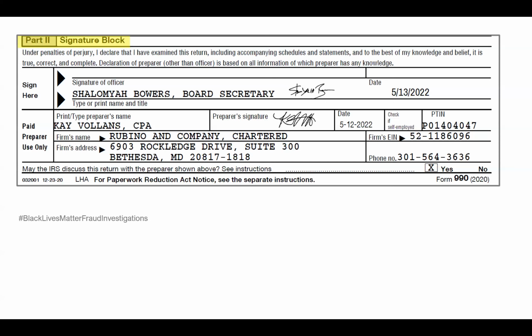And again, they can only create a Form 990 based on what they are provided. In our case, we provided bank records. They requested all the bank records for our nonprofit organization so that they could audit the bank records to make sure that our transactions were in compliance with what a 501c3 nonprofit organization should be doing with the money.